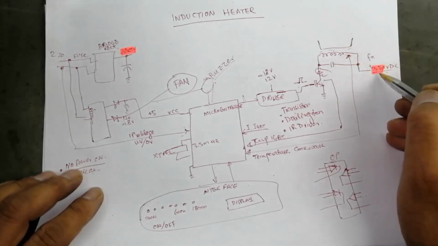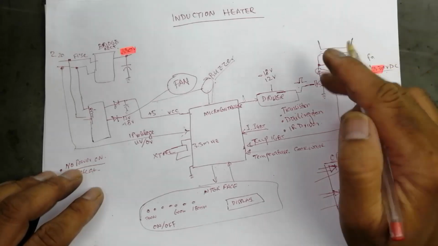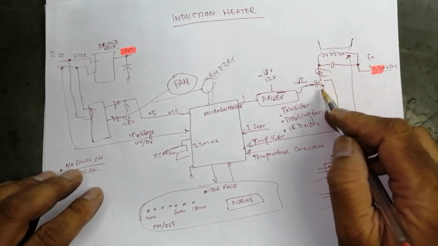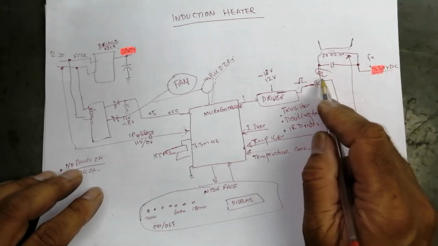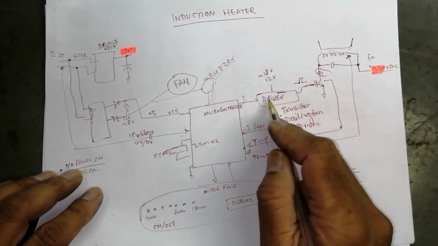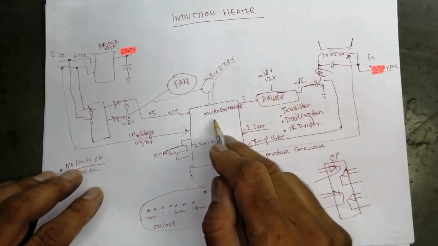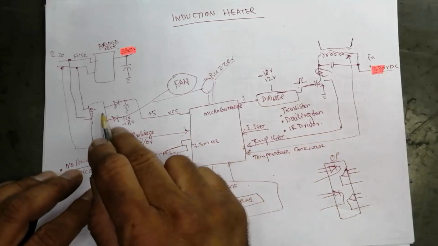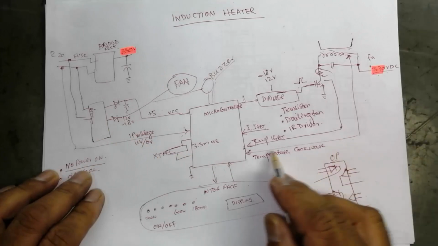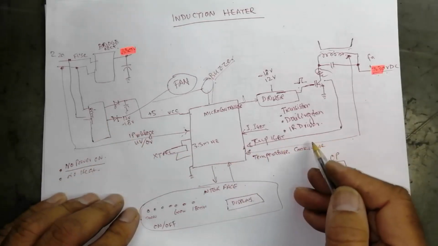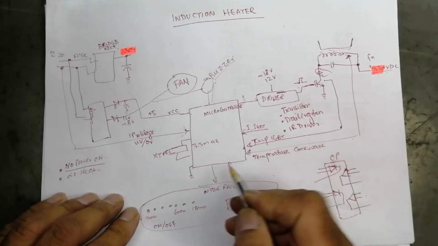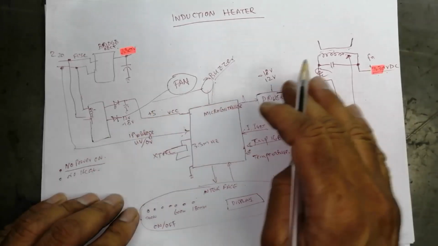Resonant frequency is determined by inductive reactance and capacitive reactance, and it is driven by the IGBT. The IGBT takes a drive signal through the driver. The driver is connected to the microcontroller. The microcontroller takes VCC from this local power supply, and it takes many inputs: temperature, cookware temperature, input voltage, current.